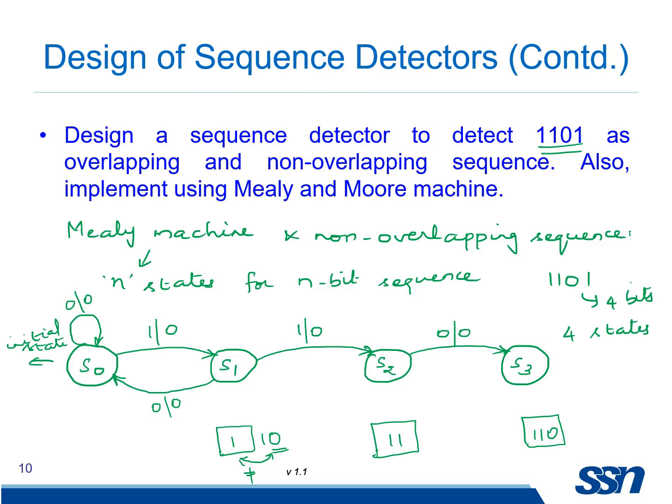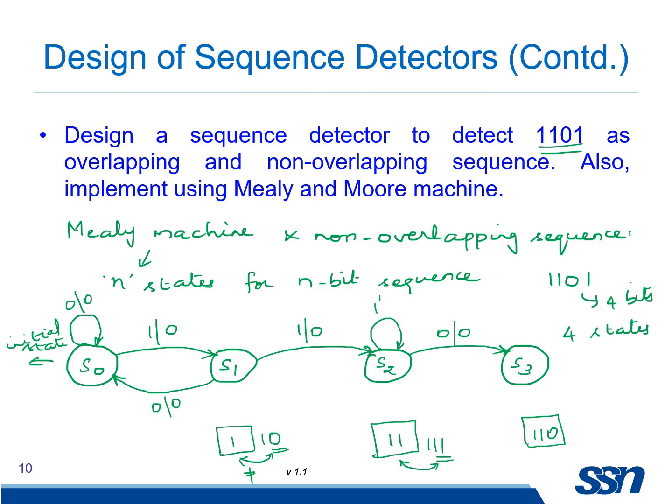Next, coming to this one. Now I have received two consecutive ones, and if the next input is 0, it is in the order I am to detect, so it will move on. If it is a 1, we need to compare the last two bits with the state value. If this is equal to the 2-bit sequence, then I remain in the same state itself.